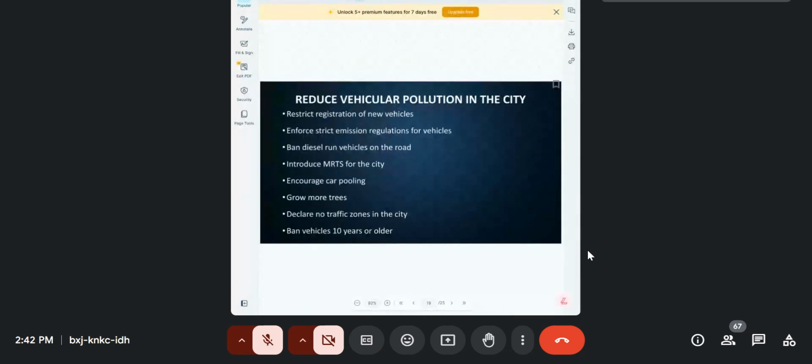Then you can also look into banning vehicles 10 years and older. So this might be our list of projects that will come.